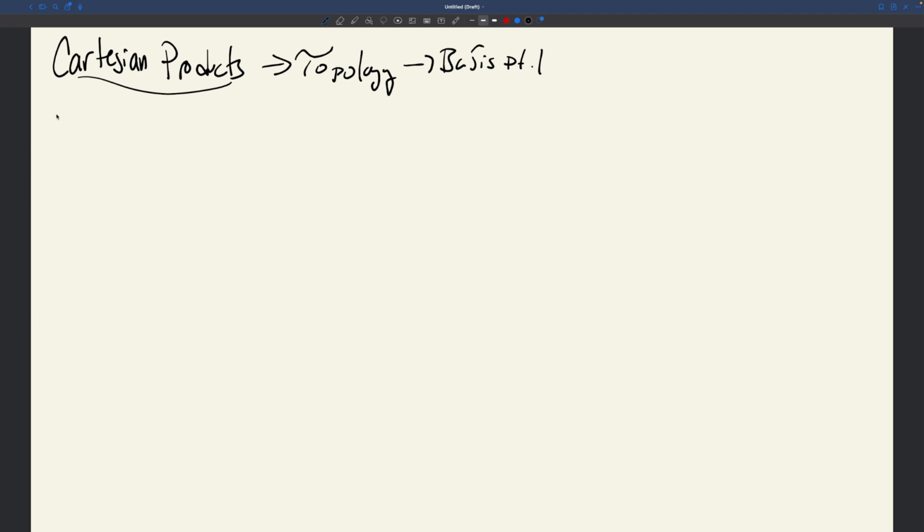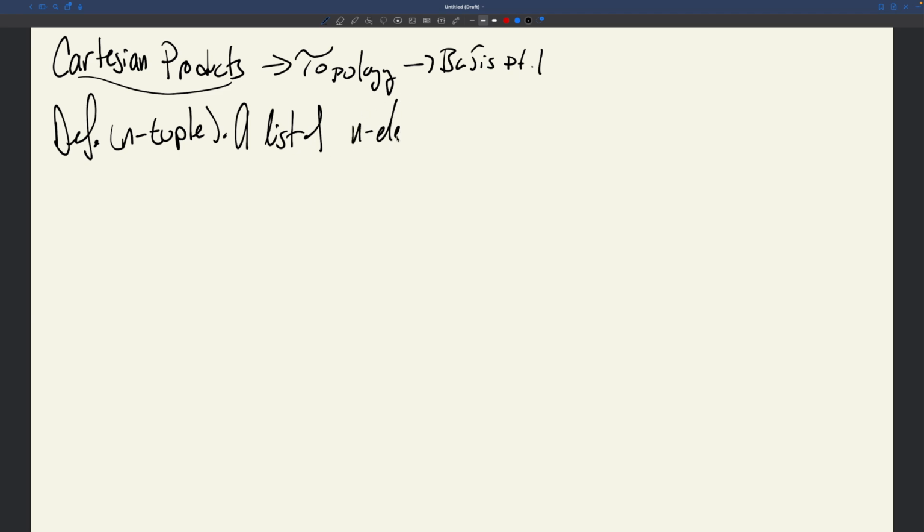So our first definition is going to be introducing the n-tuple, which is purely, I guess, simpler than what the Munkres text has. It is just a list of n elements.